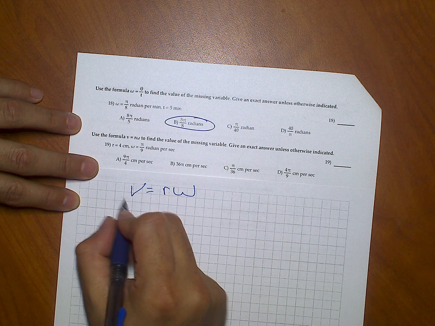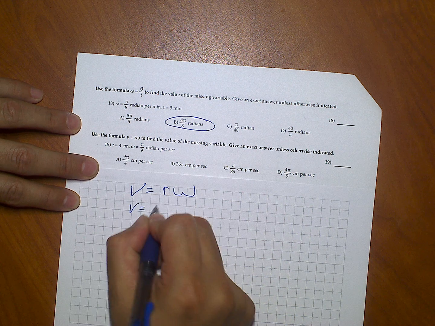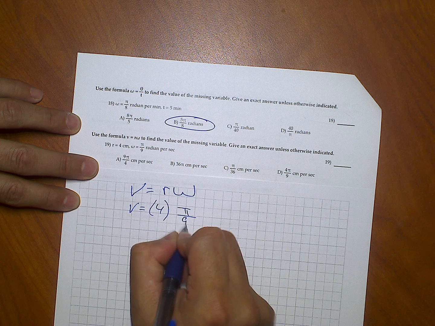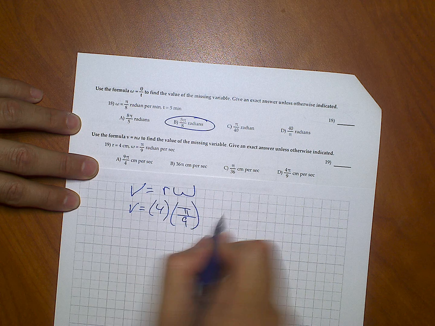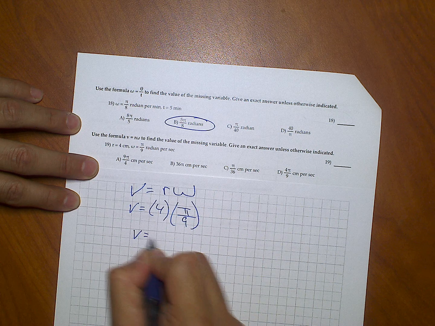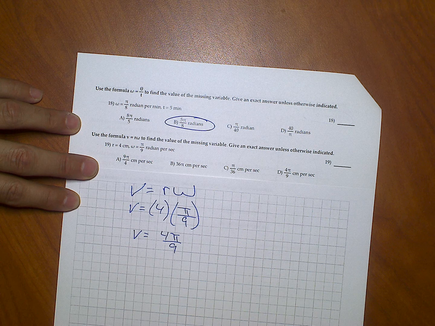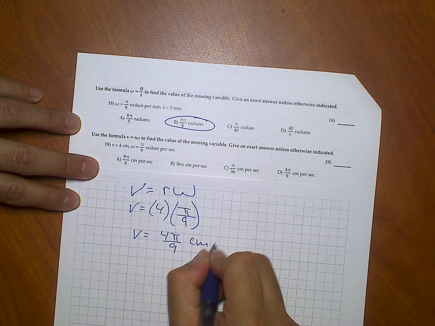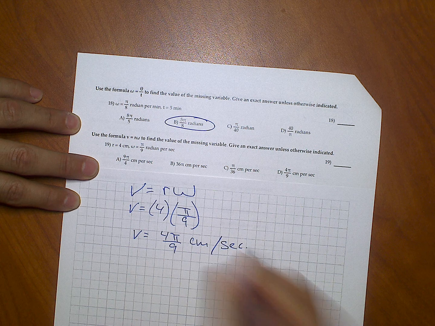So all I have to do is just plug it in. V equals R, which is 4, times W, which is pi over 9. So that's going to give me that V is equal to 4 pi over 9 centimeters per second. Very good.